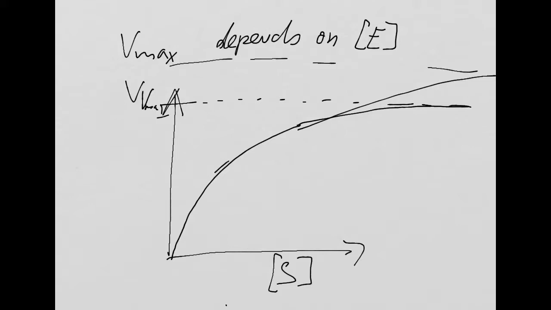Or it could be that it goes like that. Where would Vmax be? What you would find from this Michaelis Menten plot would be completely random numbers for Vmax. That's why you're not allowed to use a Michaelis Menten plot.